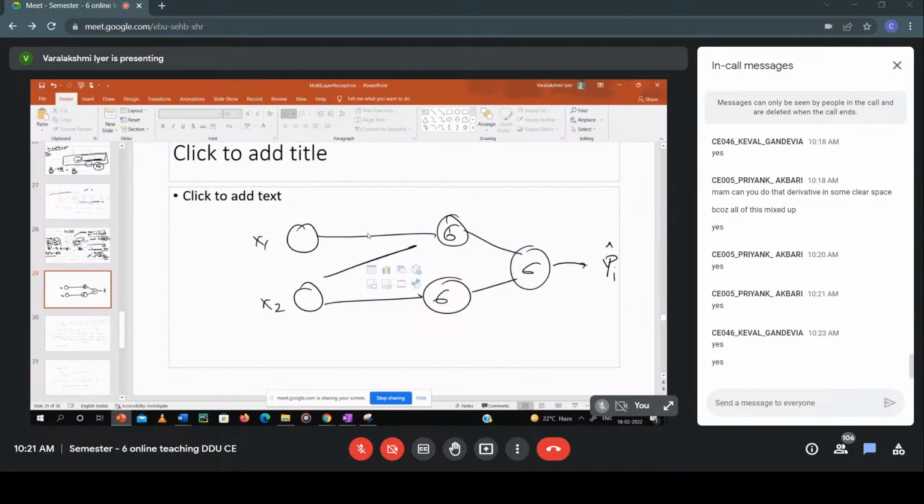These are the weights that we are passing: W111, W121, W211, and W221, and this is W12 and W22. The output from this particular sigmoid will be H1, the output from this particular sigmoid will be H2, and this will be Pi hat.